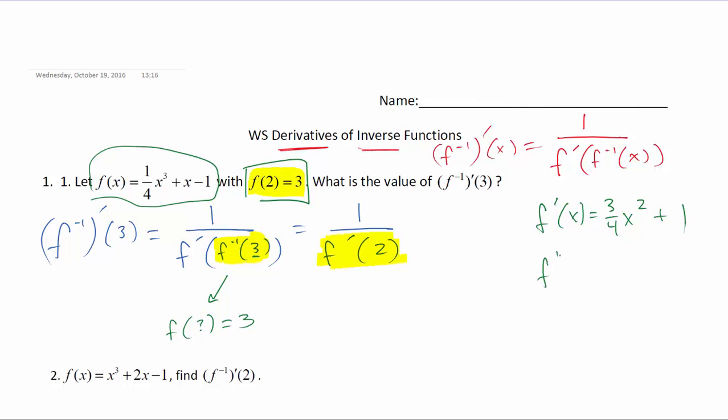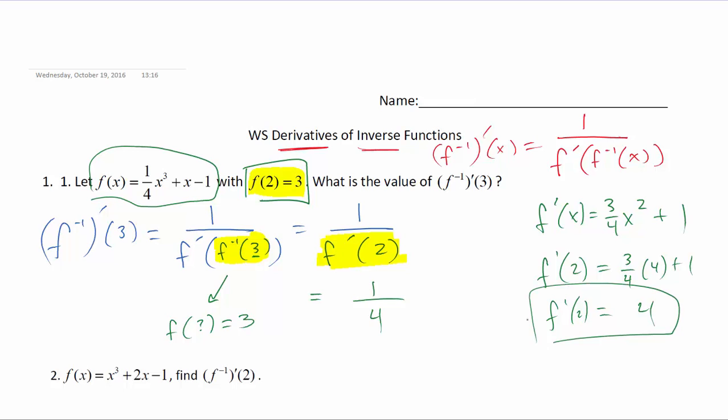Now I need to find f prime of 2, which means plug in 2, so 2 squared is 4, plus 1, that's going to equal 4. So then this turns out to be 1 over 4, because f prime of 2 is equal to 4, so there's my answer, 1/4.